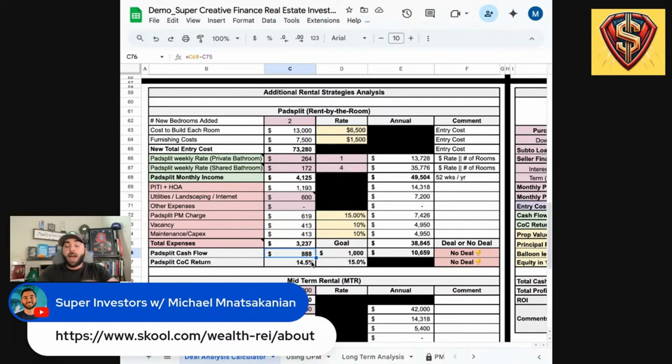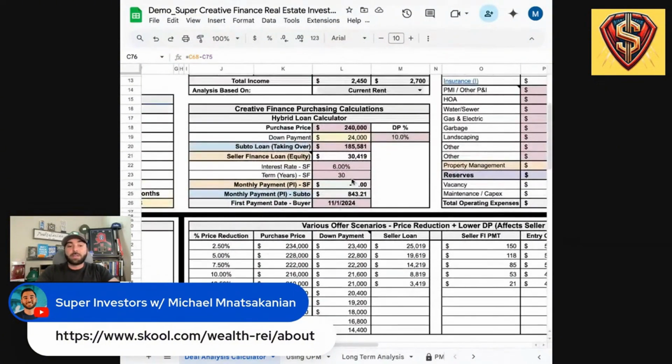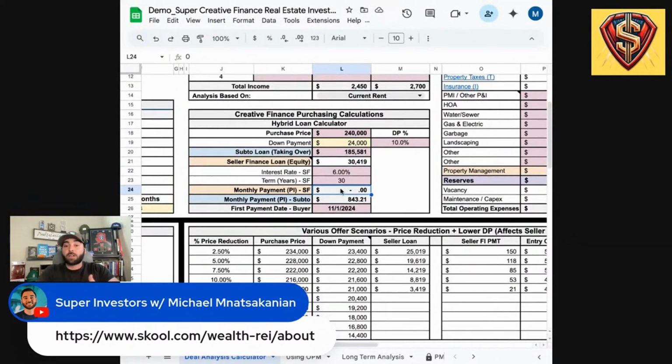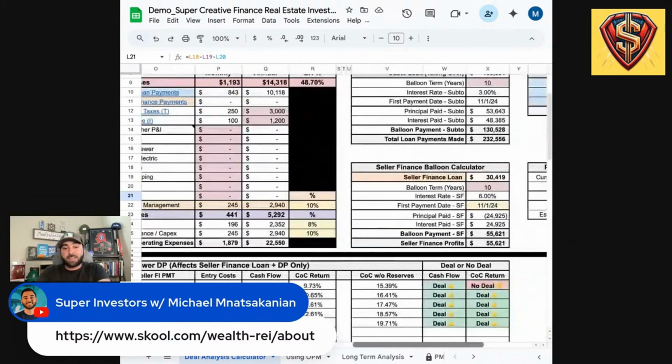However, you can say, you know what? I'm cool with $888, but that means I need to tell the seller I can only buy this deal, this $30,419. I can't pay you a single dollar to make this deal work. What I can do is still accumulate 6% interest on this $30,000 loan, and I will pay you all of that in 5 years or 10 years.